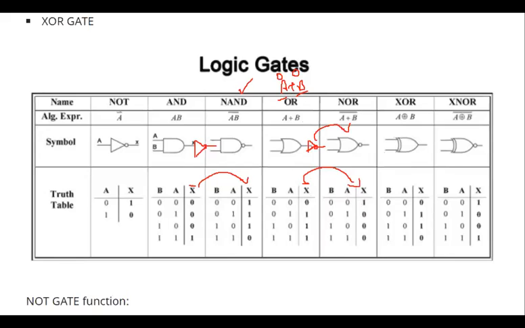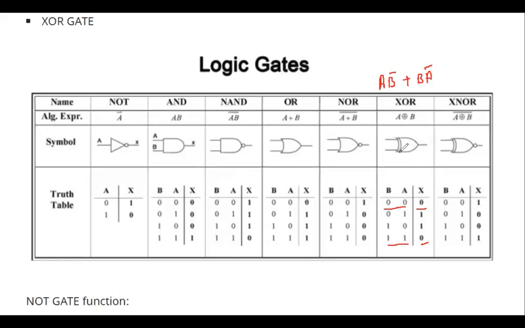Now, when we talk about the XOR gate, if you think about the table: when both are 0, it is 0. When both are 1, it is 0. If any one of them is 1, it is 1. So can I say that it is A B bar plus B A bar?